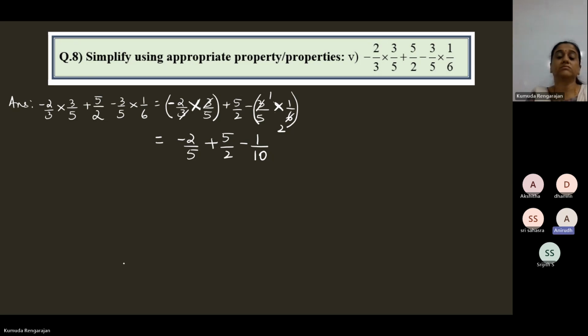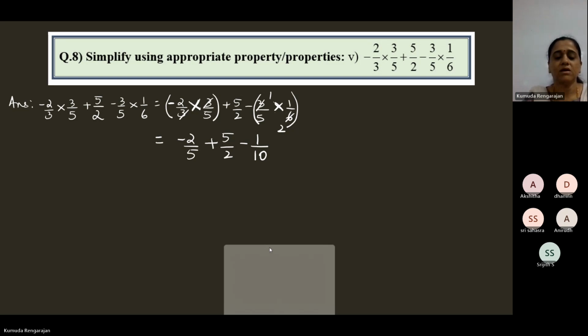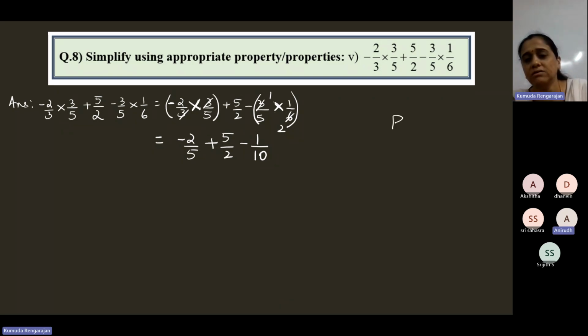Ma'am, first should we do addition or subtraction here? Whatever comes, you can do addition and subtraction together also. But in the rule, like taking LCM for everything, addition comes first.